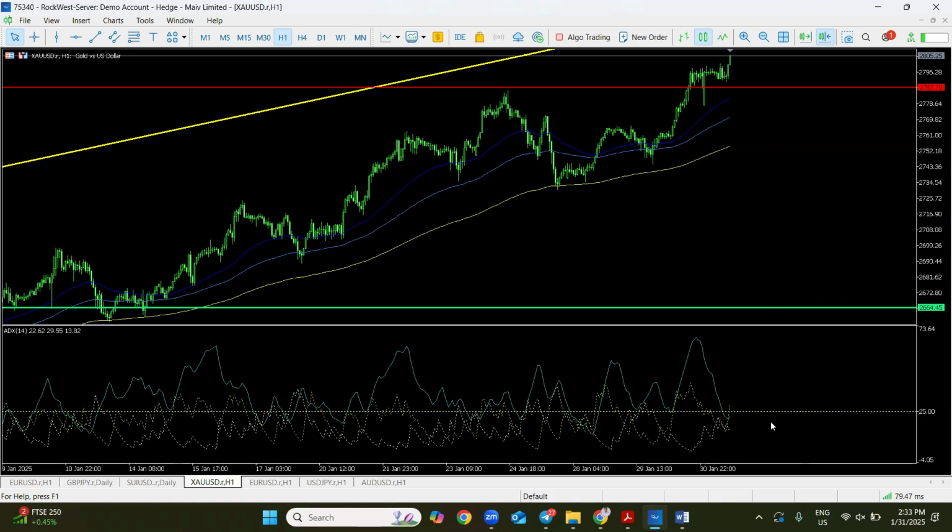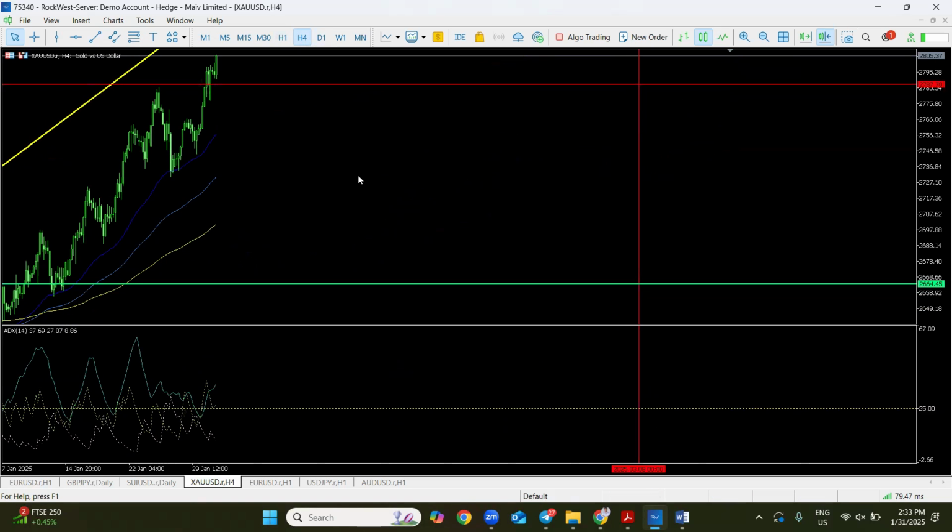the 1 hour chart. But then as we move along, let's look at the 4-hour chart. On the 4-hour chart, we look at that blue line, and that blue line has gone above the 25, and it's heading upwards towards the sky.